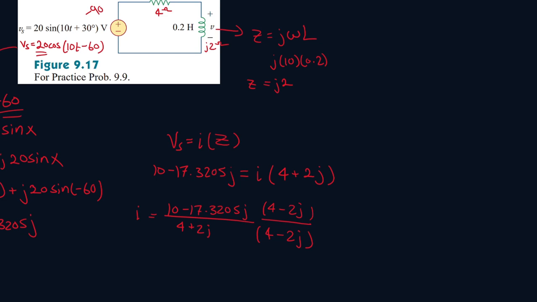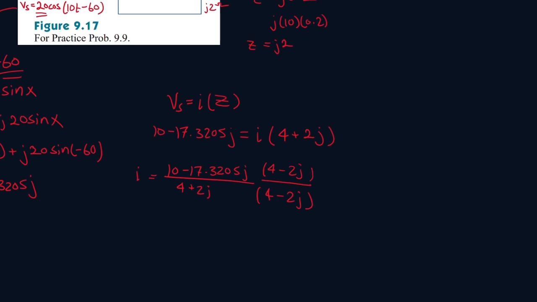But this is time consuming. So what you can do instead is set up your calculator into imaginary mode or complex mode. So you do 10 minus 17.3205, and then you press shift and then press the complex number I, and then you divide by 4 plus 2 shift I, and this will give you your real number, which is 0.26795.